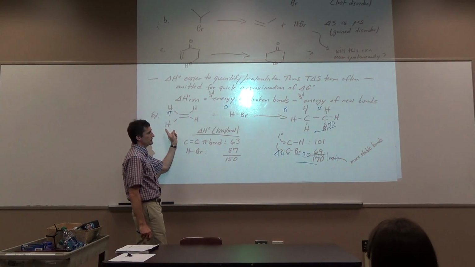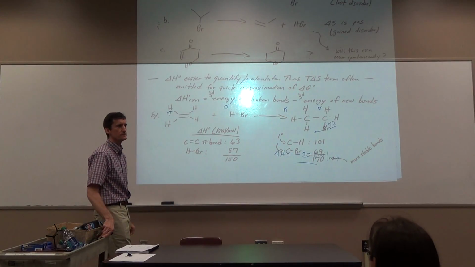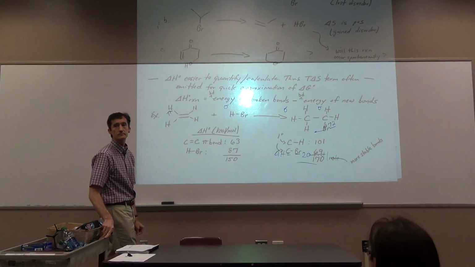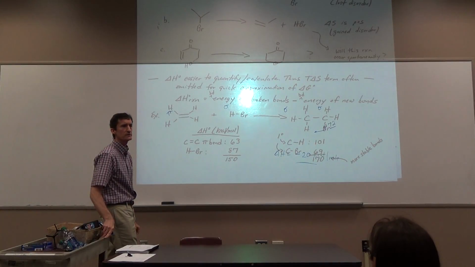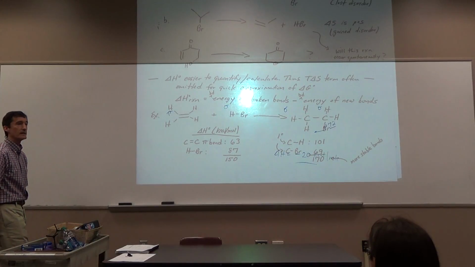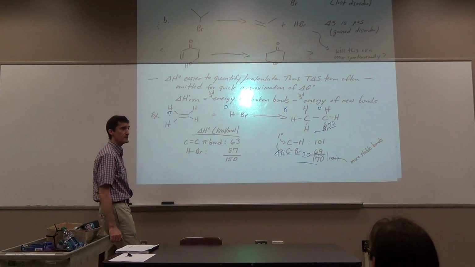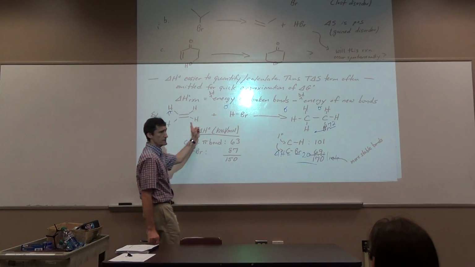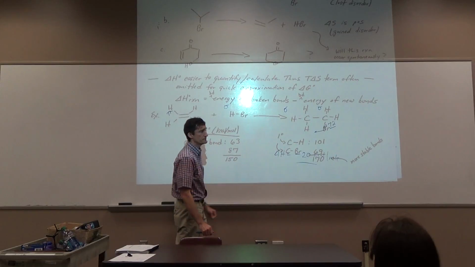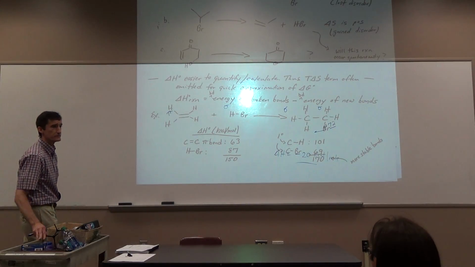Would you want to heat this reaction? Here's what I'm getting at. Which term does heat influence? Which term does temperature influence? Entropy, sorry. T delta S, entropy. It magnifies entropy. Is entropy favored here? No. It's not favored.